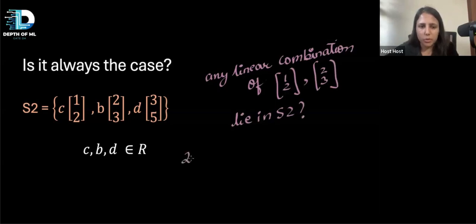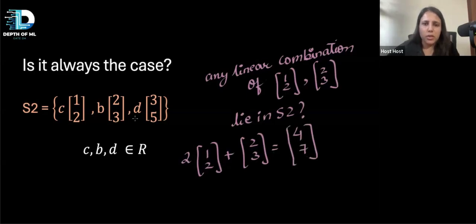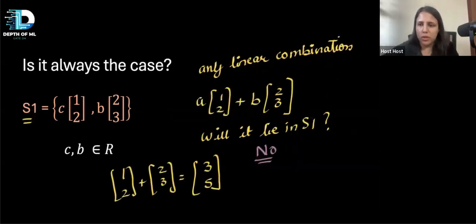Suppose I do 2 times 1, 2 plus 2, 3. That is 2 plus 2, 4; 4 plus 3, 7. 4, 7. Is 4, 7 lying in the same set, S2? Still not lying here, right? Still no. So it does not belong to S2. And here also, we saw that this does not belong to S1.